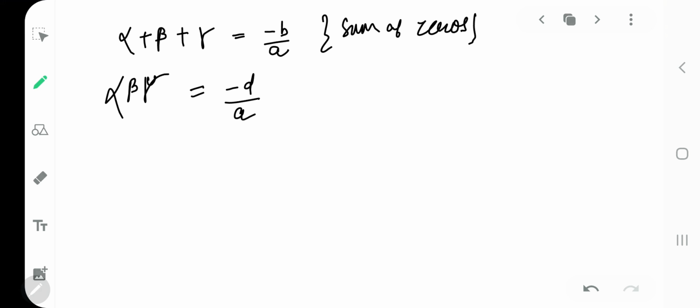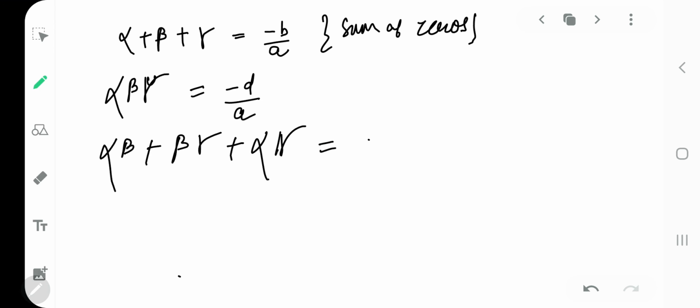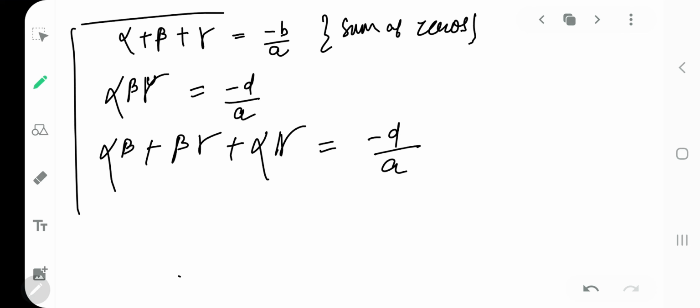But here I'll give you one more term, that is alpha beta plus beta gamma plus alpha gamma is equal to c upon a, because there are 3 zeros. जो हमने किया था वो क्वाड्रेटिक पॉलिनोमियल था, अब ये क्यूबिक पॉलिनोमियल है. ठीक है, so you have to remember these things.